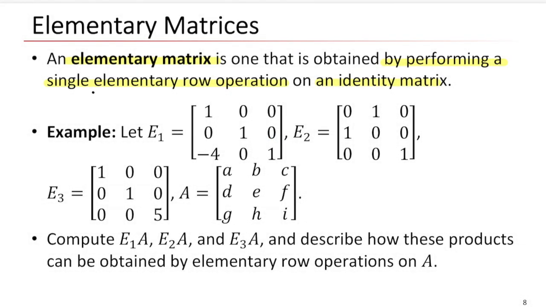What is the elementary row operation? Why do we need this?